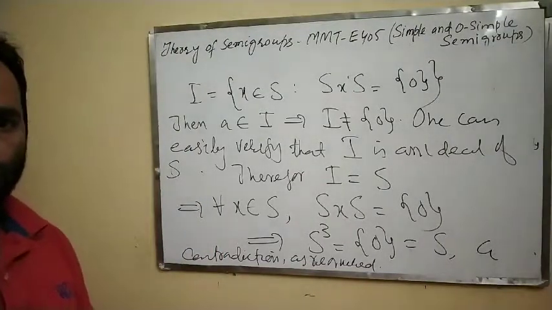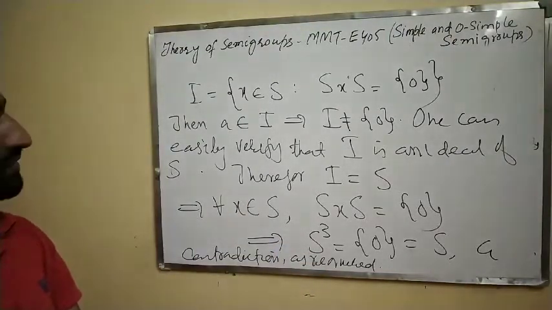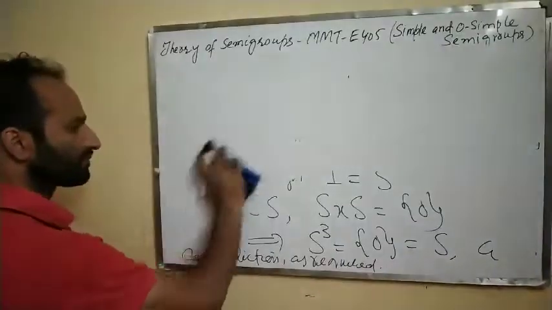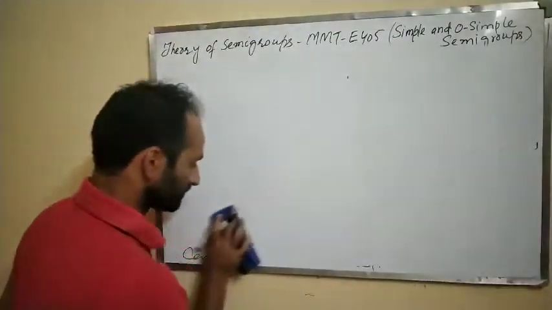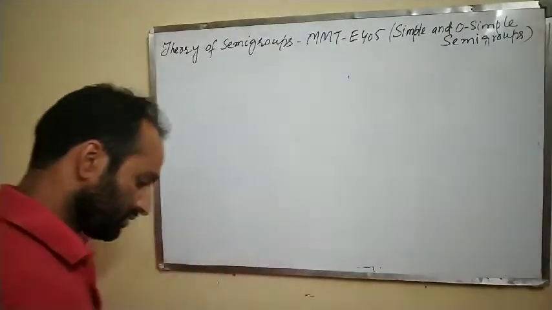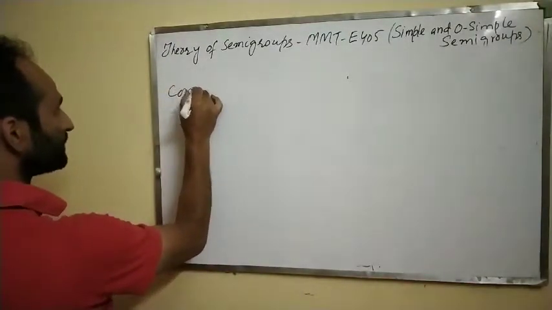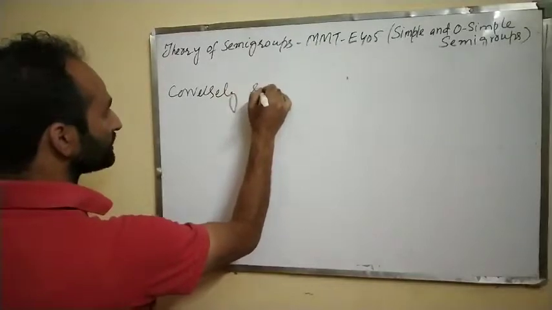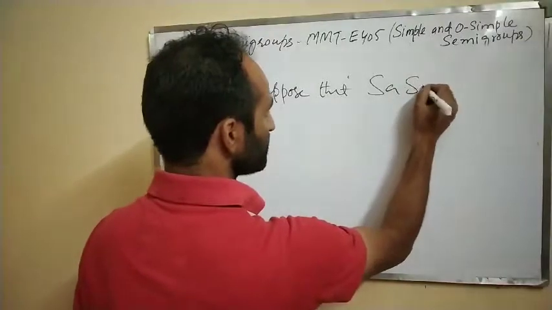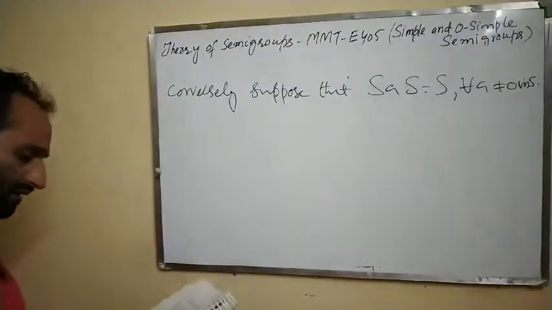Conversely, we assume that for all A not equal to 0, SAS is equal to S. We show that S is a zero simple semigroup.